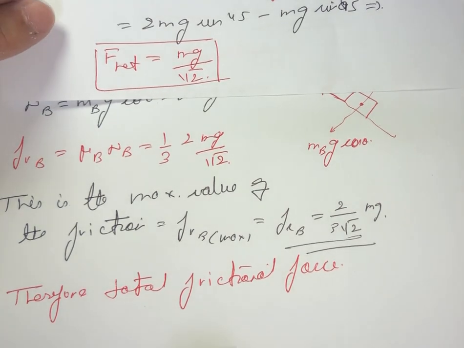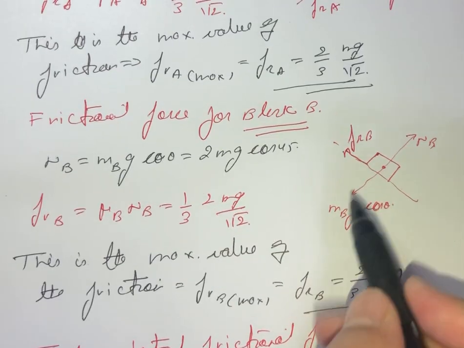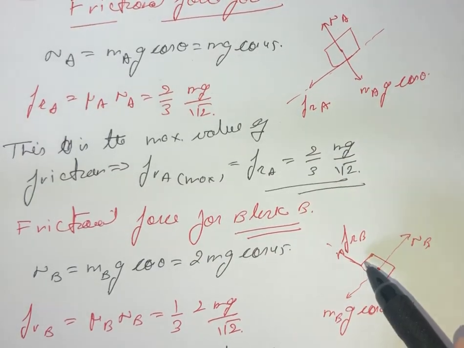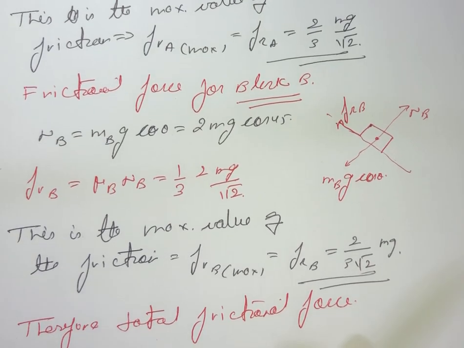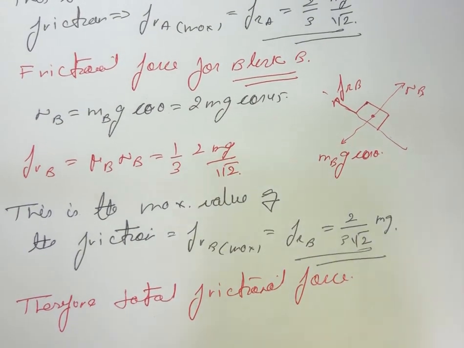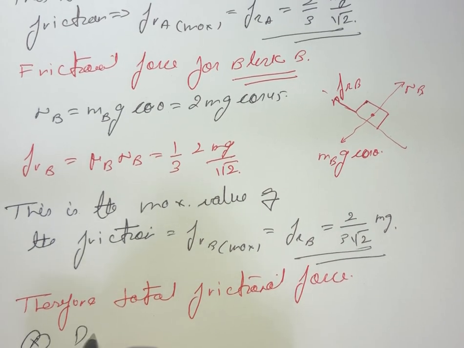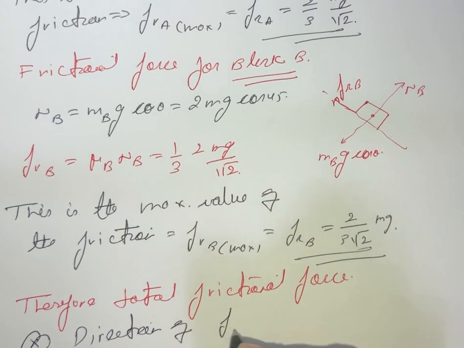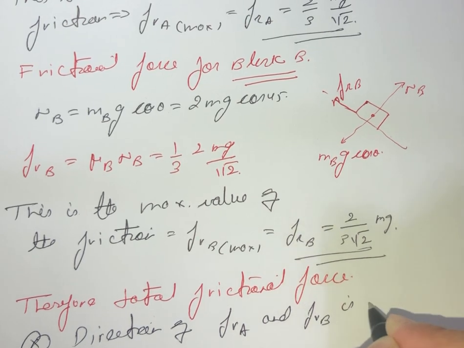From the figure you can clearly see that both the frictional forces are acting in the same direction. FRA is down the inclined plane, FRB is up the inclined plane. So the direction of both FRA and FRB is the same.